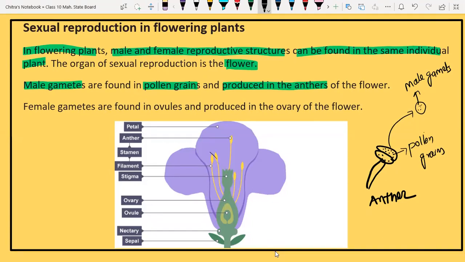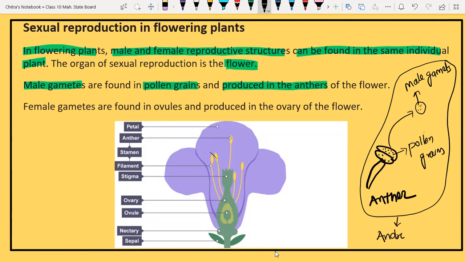So male gametes are produced in the anther of the flower. This is nothing but the male part of the flower, and it is collectively called androecium. Androecium is the male part of the flower which consists of the anther.